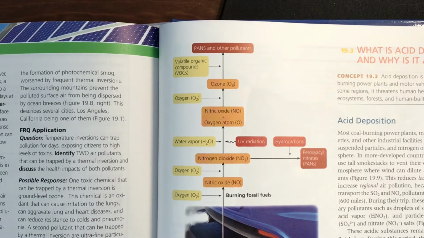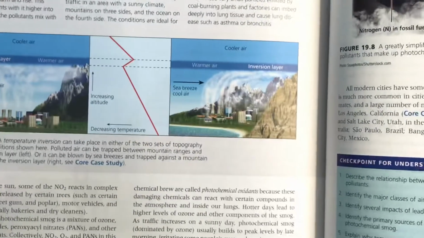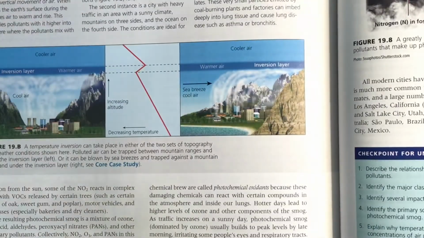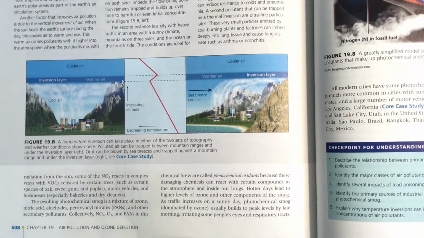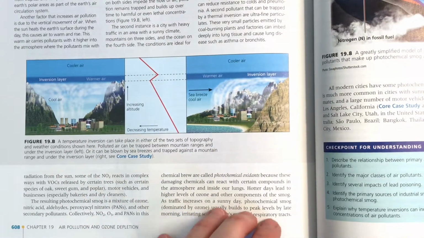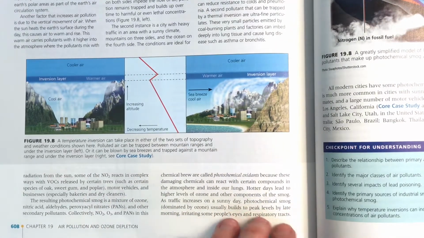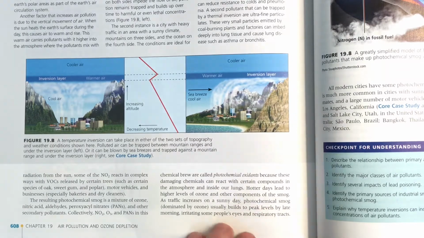Okay, so at what time of day does photochemical smog peak in concentration? All right, so let's think about this for a second. This says photochemical smog usually builds to peak levels by late morning.